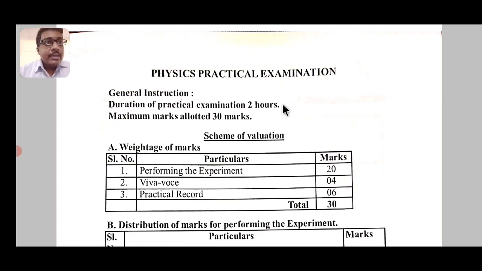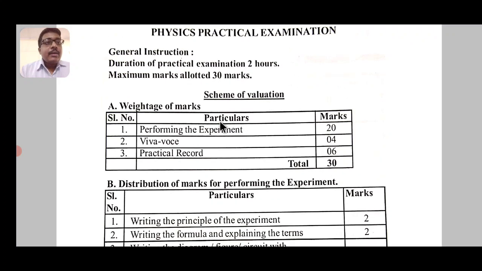So first let us look at the general instructions of how to face your practical examination and what are the things you need to remember while going for the examination. So firstly, you will be having an examination of 2 hours and the maximum marks will be 30 marks.